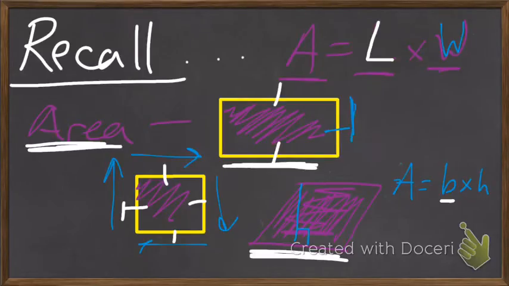The width is the shorter edge, these two being equal. When we get to a square, all four sides are the same, so we really don't have to worry about which one's length and which one's width. But when we get to this parallelogram, it's slightly different. Remember, we've got the base, which is this long side, and we have the height. The height is this area here, which makes the H. And that's why we use the H, that's the height.